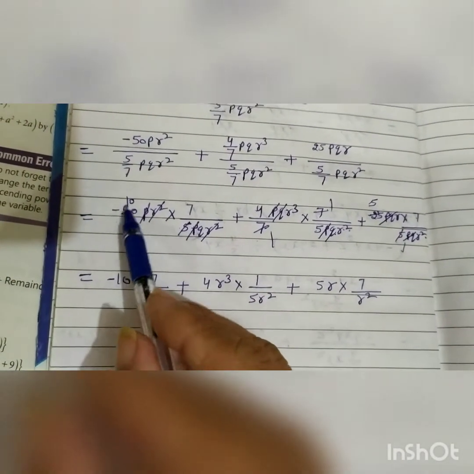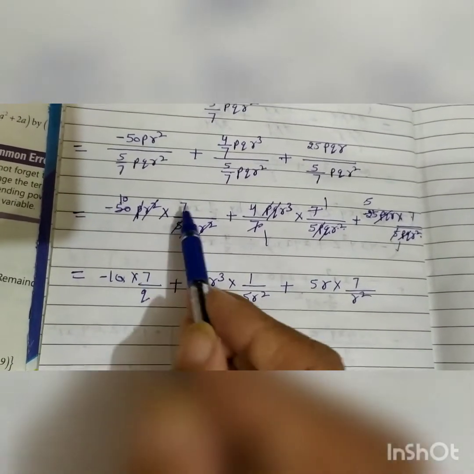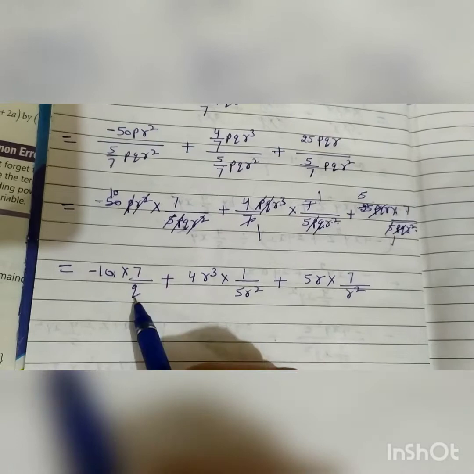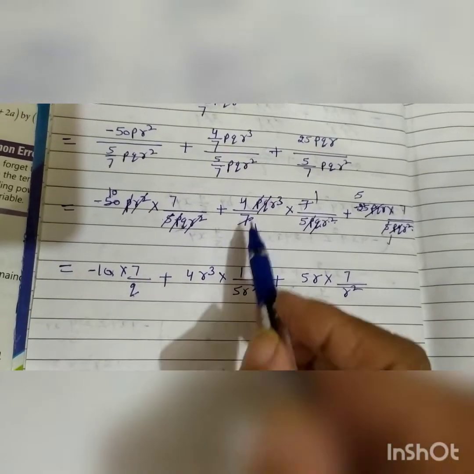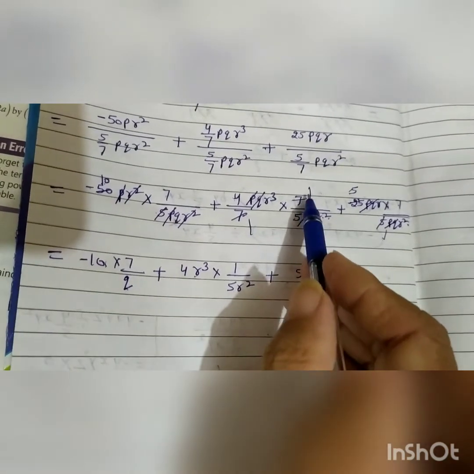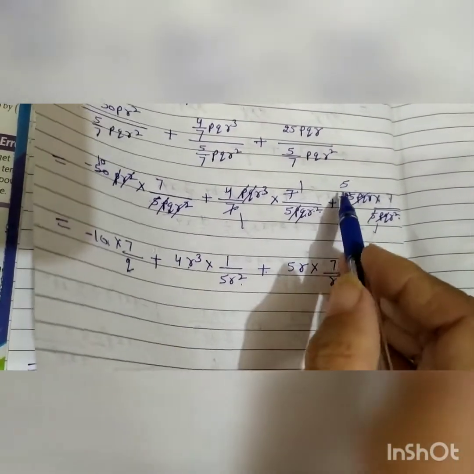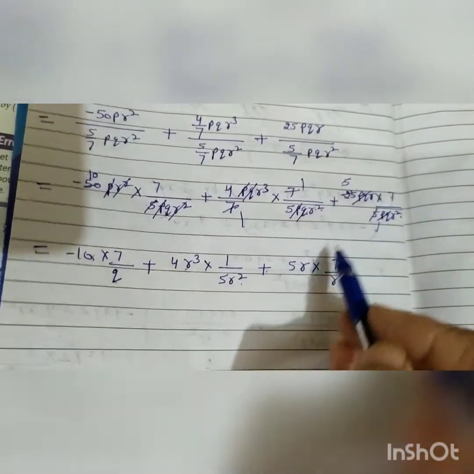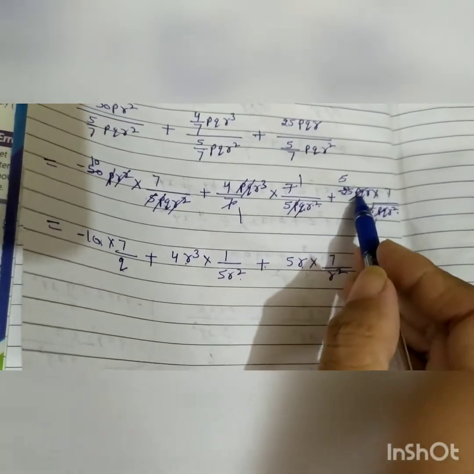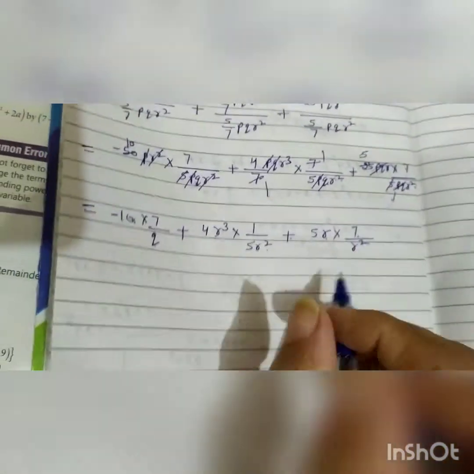See again, this minus 10 PR square cancels into 7 upon this Q, then this plus here 4R cube into 1 upon 5 R square plus this one 5R, this one PQ cancels, so 5R into 7 upon R square.